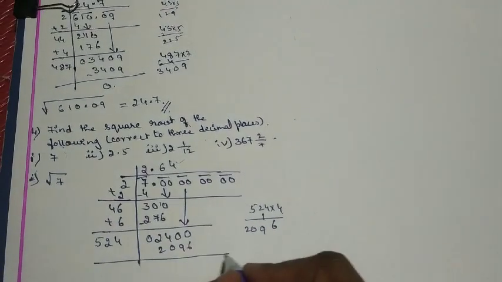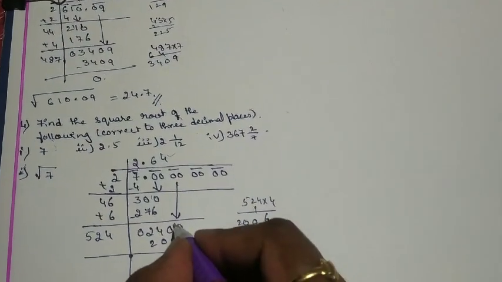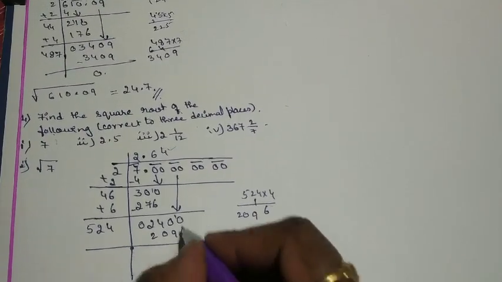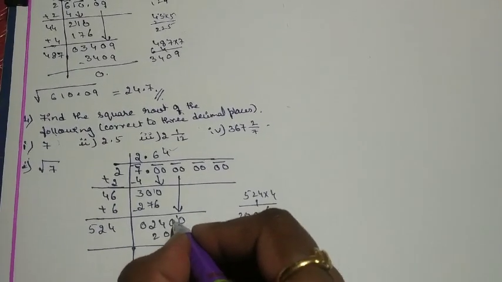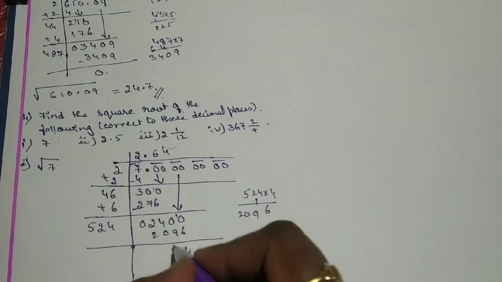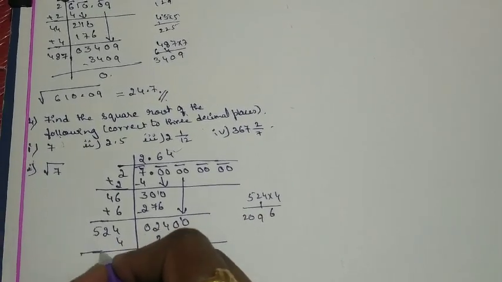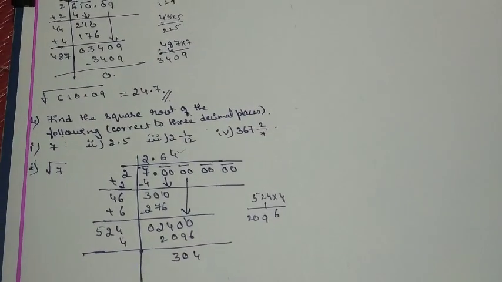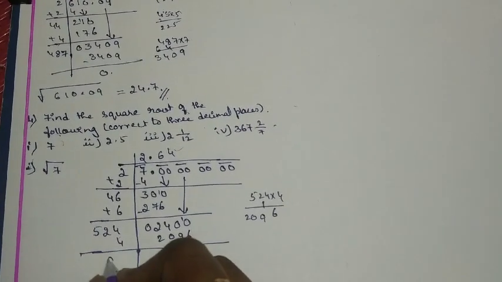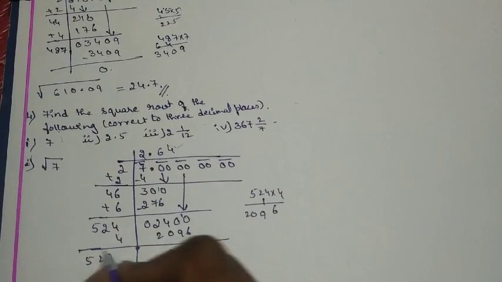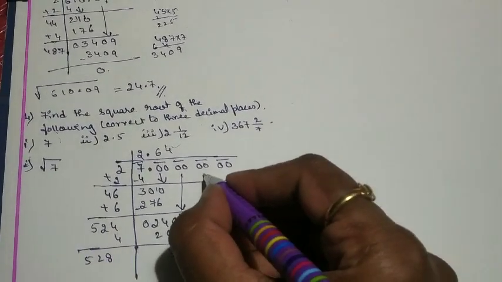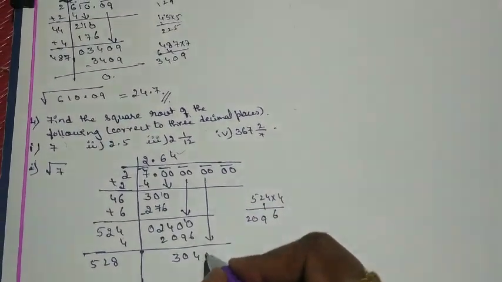Then go for subtraction. 10 minus 6 is 4. 9 minus 9 is 0. Since here borrowed, so 3 remains. 3 minus 0 is 3. Then add up the same divisor number which is written in the units place. Then 4 plus 4 equal to 8 and 2 5. You'll get 528. Bring the next period down, 0 0.